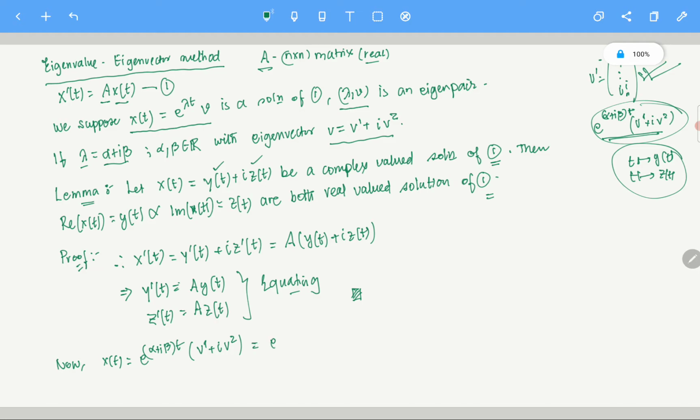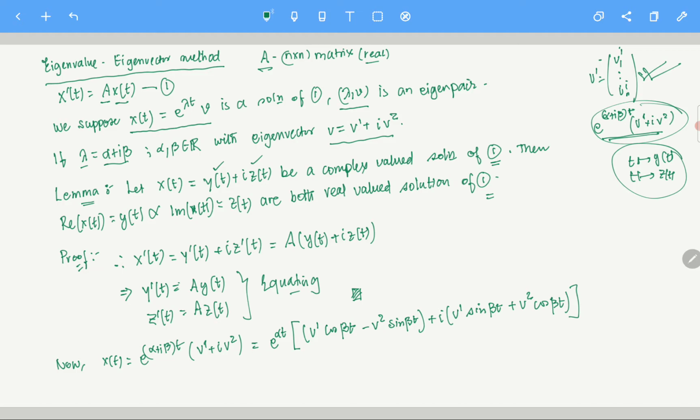It becomes e power alpha t, a real scalar, times v1 cosine beta t minus v2 sine beta t, plus i times v1 sine beta t plus v2 cosine beta t. So that's the x of t which you are going to get.